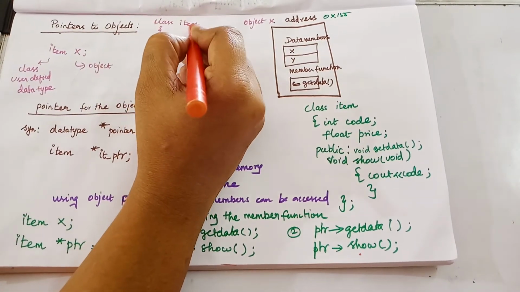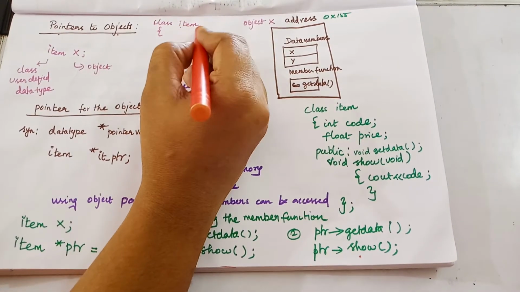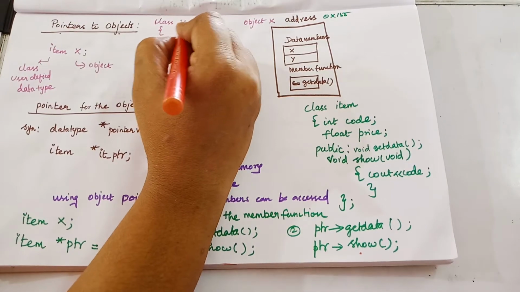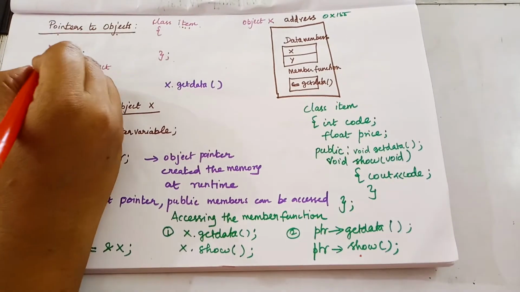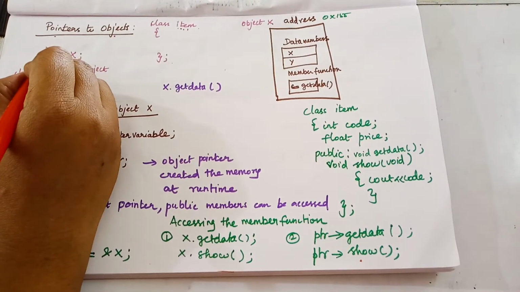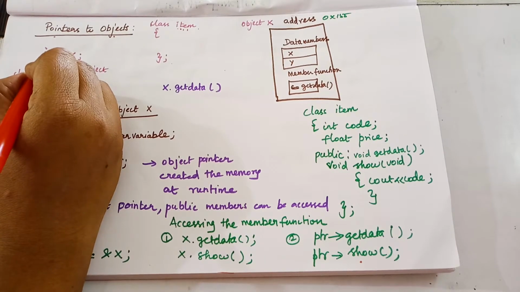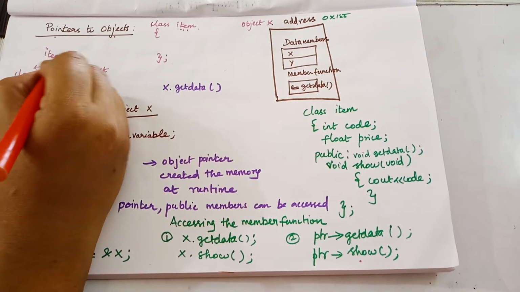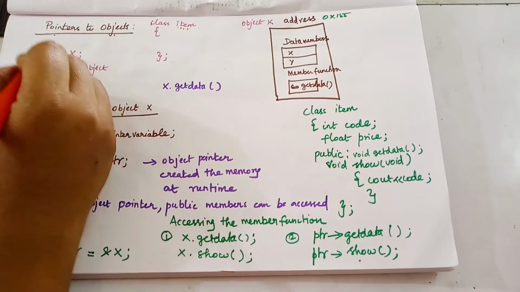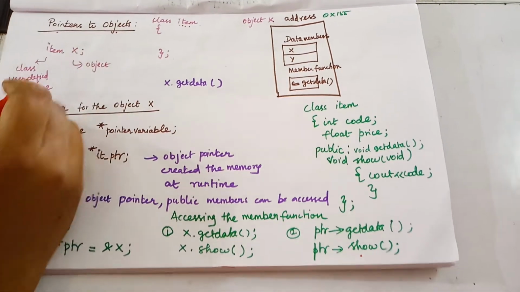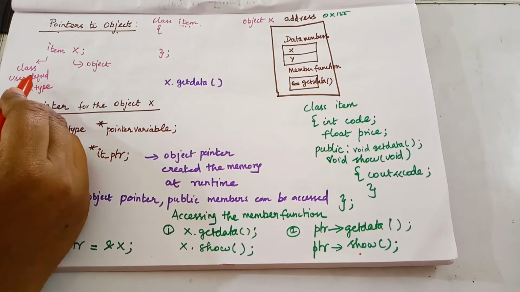Class item: the class name is item. Then you are creating an object. Whenever you create the object, memory space is allocated. So in item x, x is the object and item is a class, a user defined data type.